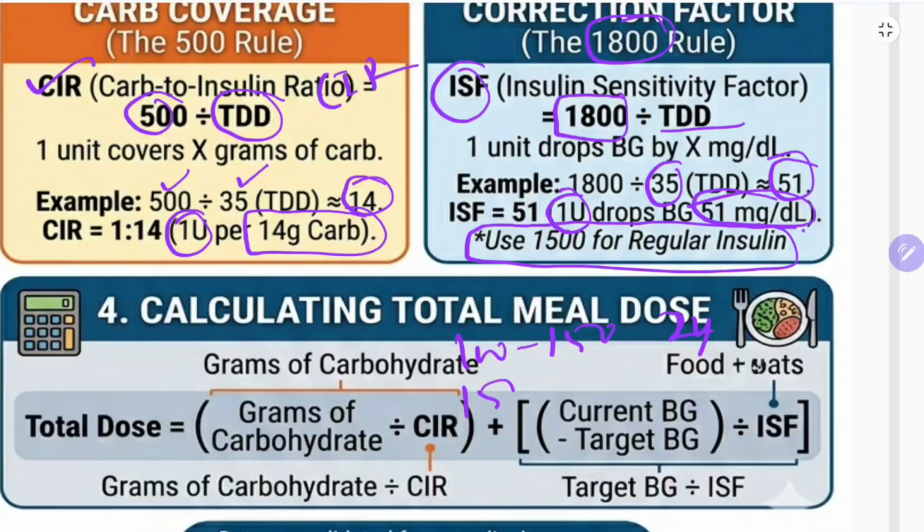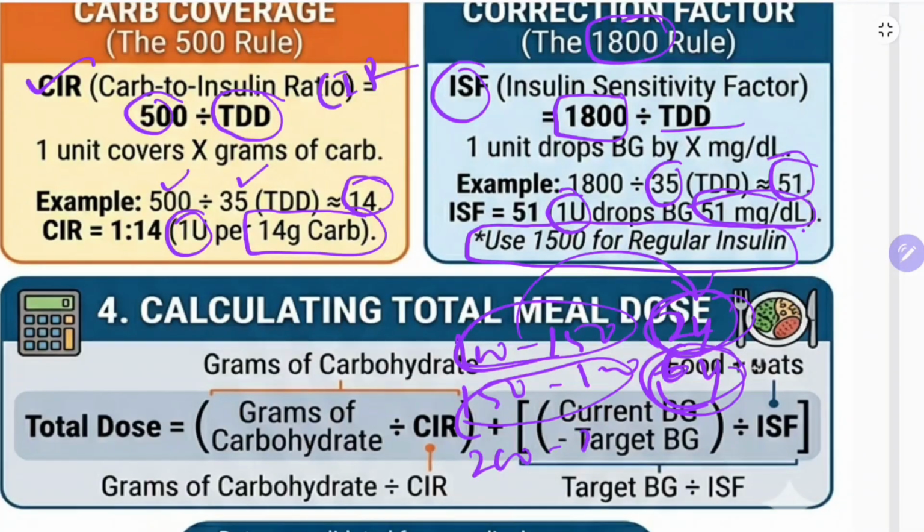If the glucose is 150 to 200, give 6 units of prandial insulin. So this was fixed. The patient used to measure his glucose just before food, and depending upon the range, there was a fixed unit of prandial insulin that he would give according to this sliding method. Similarly for 200 to 250, it may be 8 units, like that.